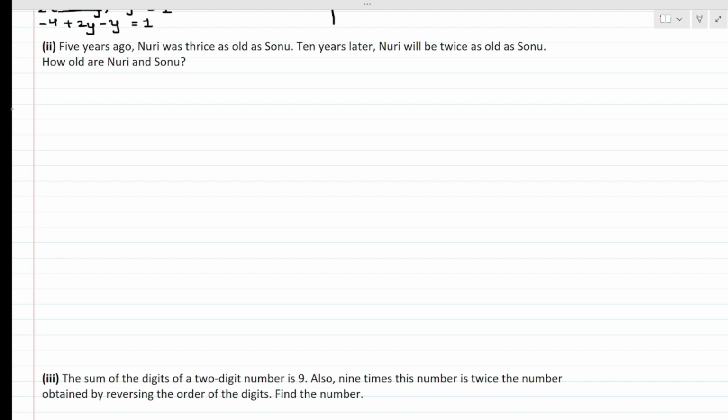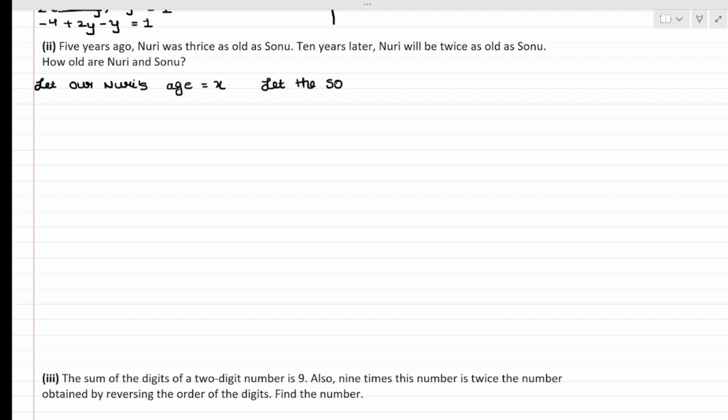As we have studied earlier in the above example, let Nuri's age be x. We are supposing that Nuri's age is x and let Sonu's age be y.